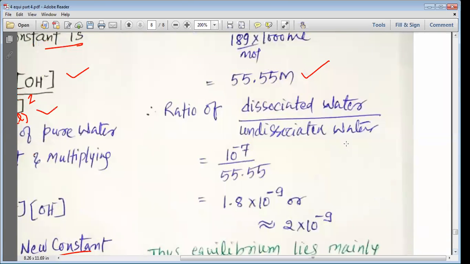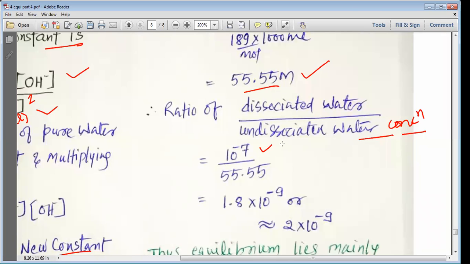Now, the ratio of dissociated water divided by the undissociated water. So dissociated water is 10 to the power minus 17, because the concentration of dissociation for H plus and OH minus is 10 to the power minus 17, and the undissociated water represents the concentration of water. Undissociated water is the concentration of water, and concentration of water is represented in molarity.